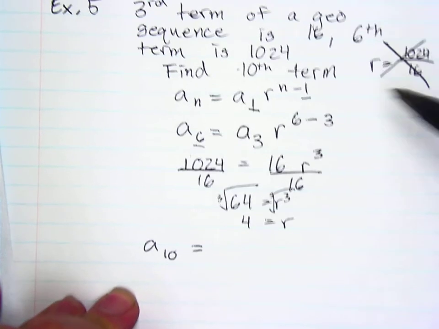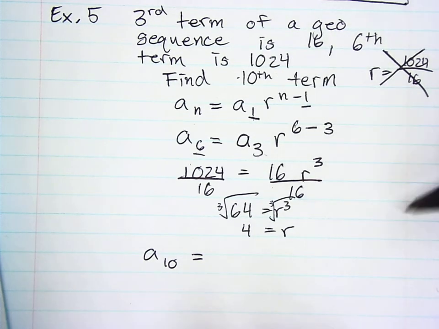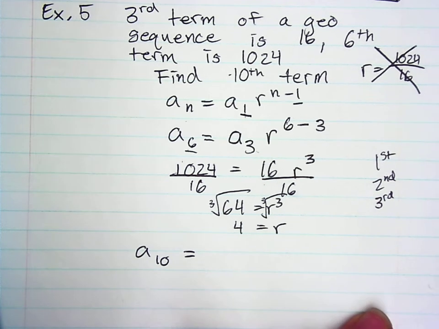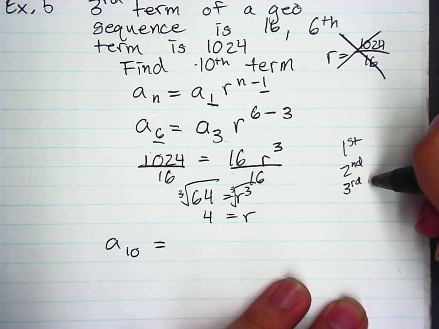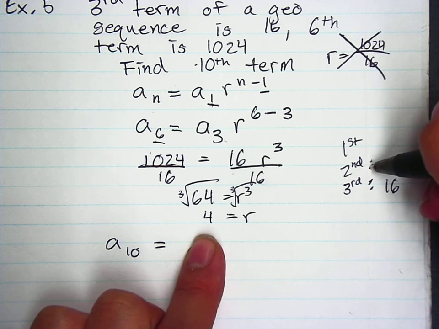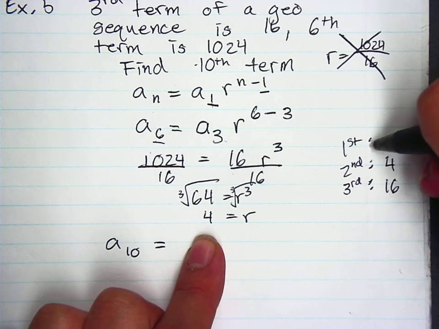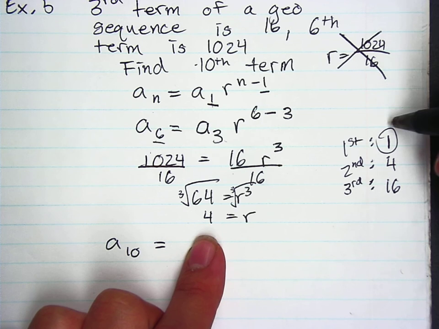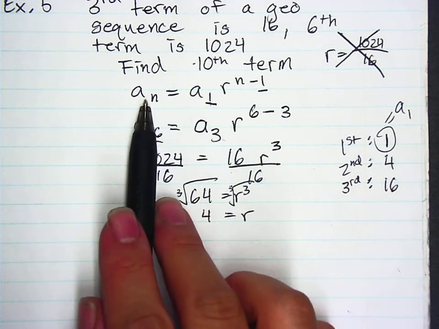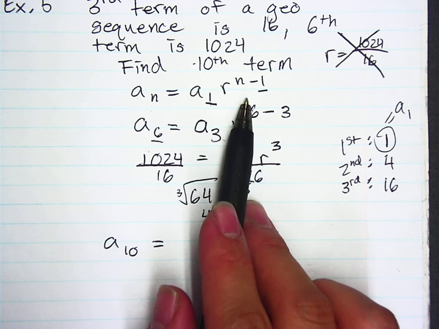Personally, because I'm given the third term, I might as well find out what my second and first are. Okay, so if my third term is 16 and the ratio is 4, it makes sense that my second term is 4 and my first term is 1. So this could be used as my a sub 1, where I just plug it in directly into this formula.